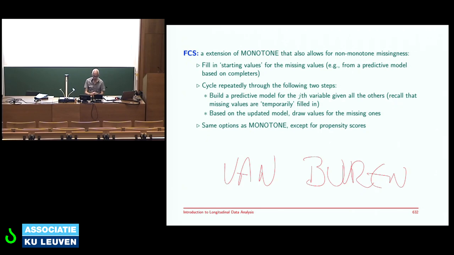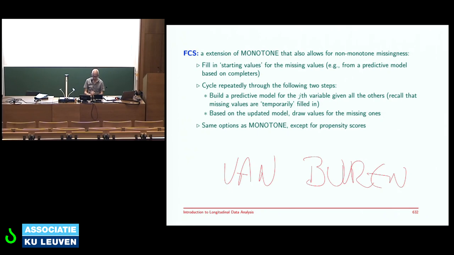What it does is you start filling in values sequentially. You cycle through a subject, in other words, and you fill in missing values, but you do that repeatedly. You cycle over and over and over again, like Gibbs sampling, and every once in a while, you basically take that observation and you consider it an observation in your imputation.